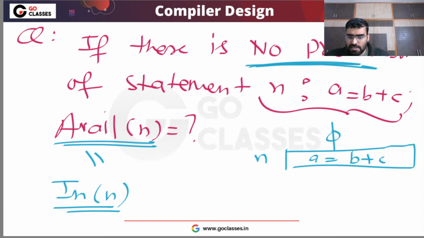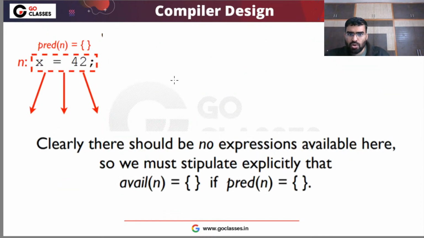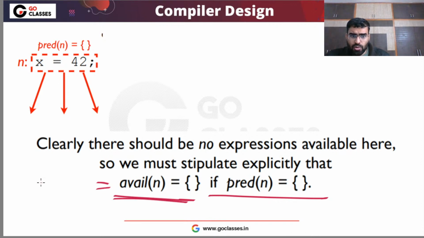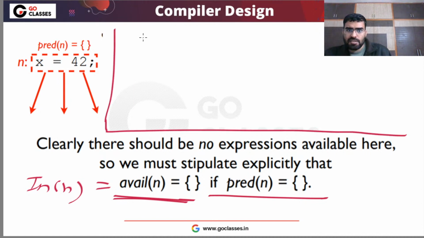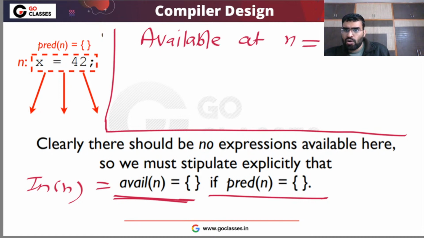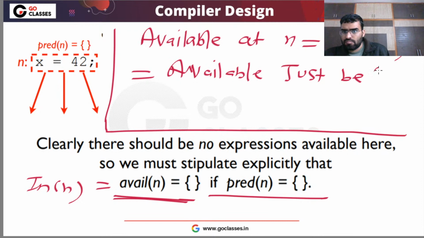If the predecessor of n is nothing, then available of n will be empty, because available of n automatically means in of n, that is, available just before n.